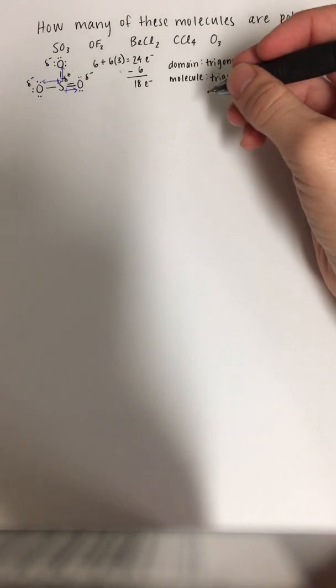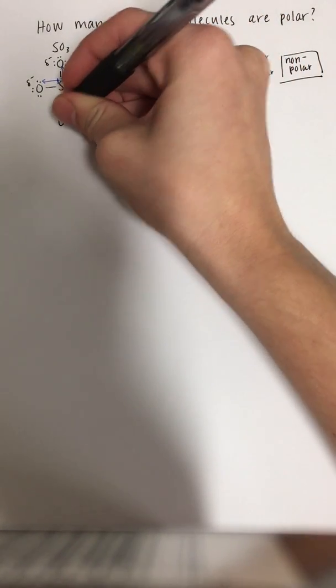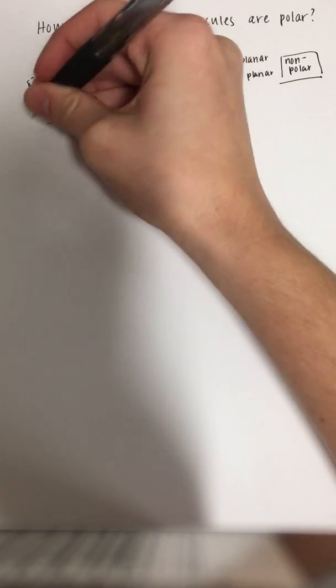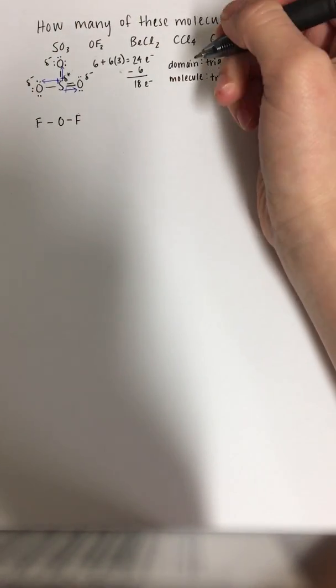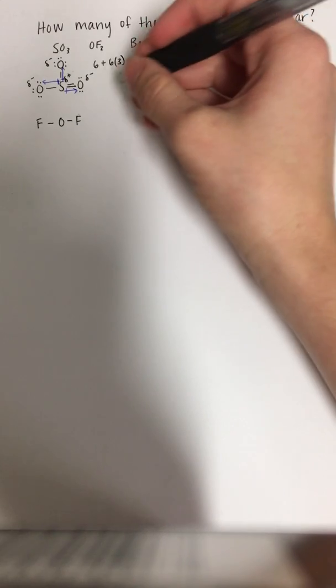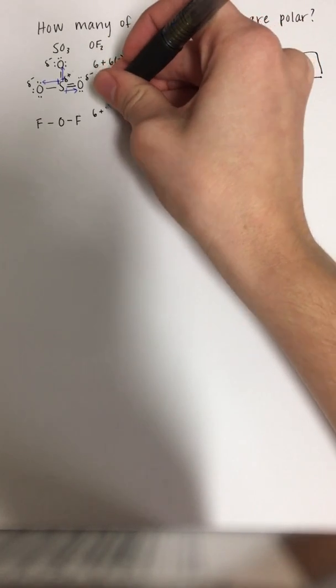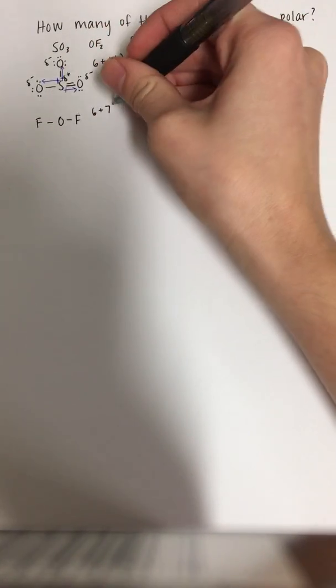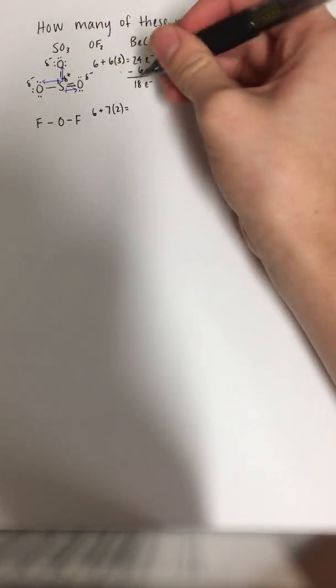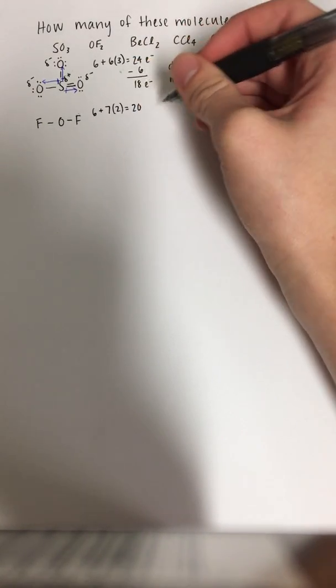Moving on to OF2, we know we're going to have O as the center atom because it is less electronegative than fluorine, and the valence electrons are going to be 6 for the O atom plus 7 for each fluorine atom times 2 fluorine atoms, which is going to give us a total of 20 valence electrons.